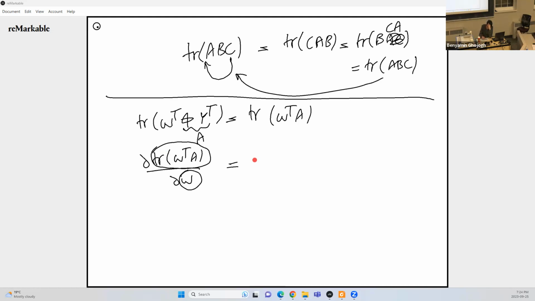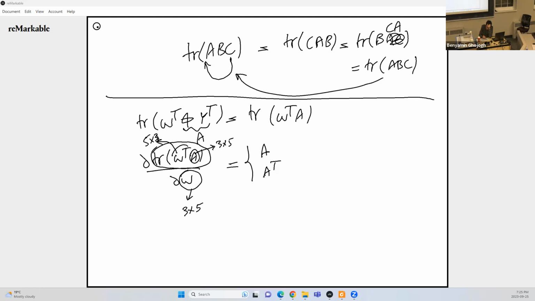And we know that this is either A or A transpose, but which one? Let's see. Assume W is 3 by 5. So W transpose becomes 5 by 3, and A becomes 3 by 5.